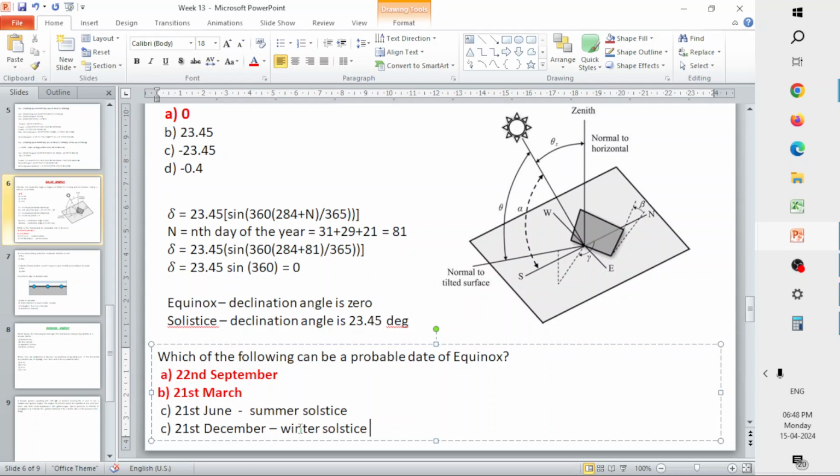During the summer solstice, the declination angle will be 23.45 degrees.